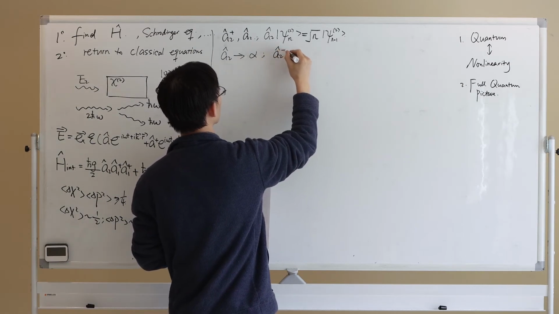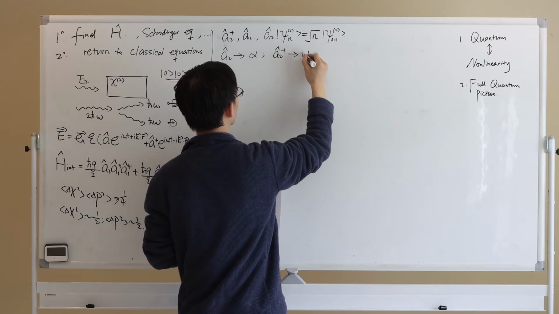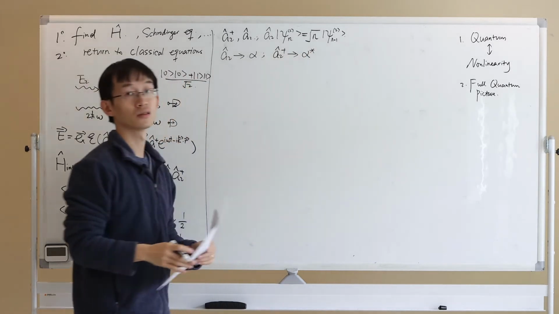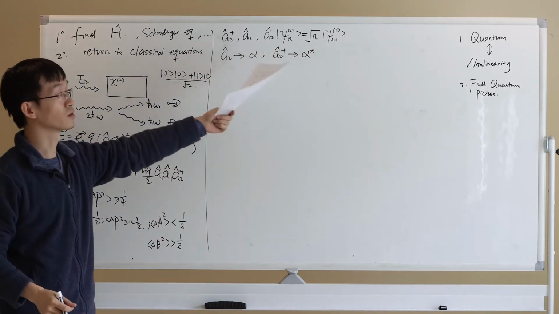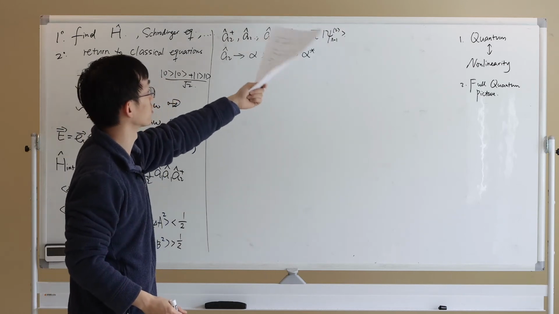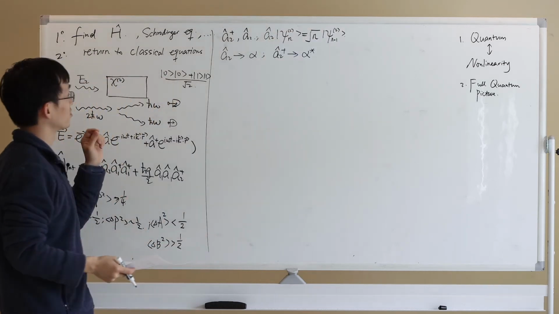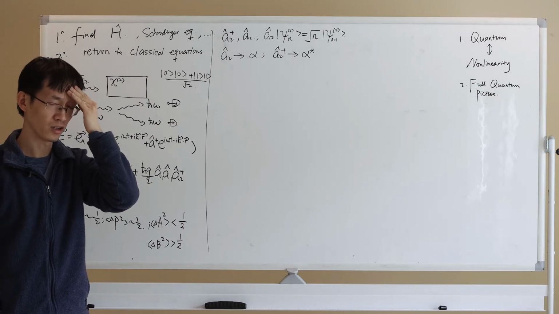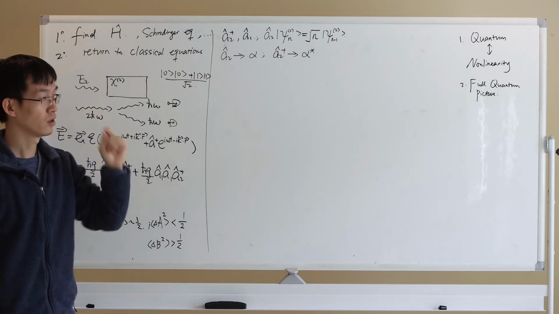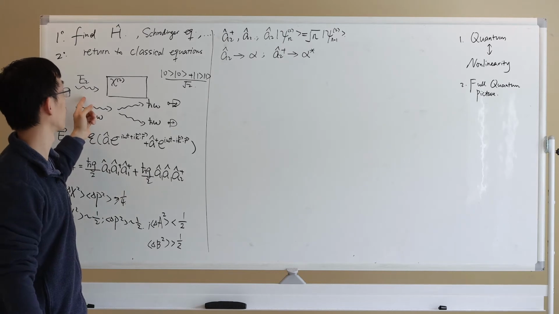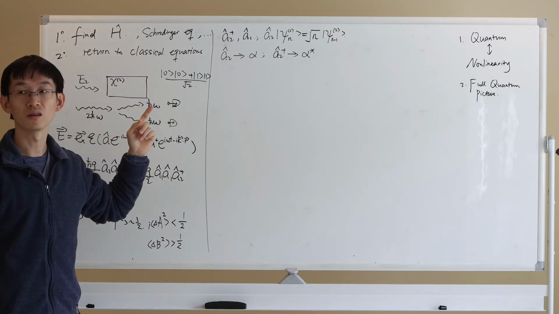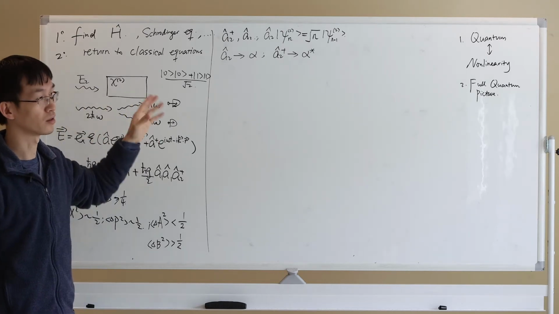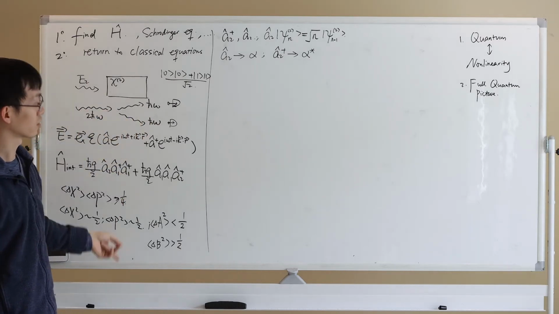And A2 conjugate goes to alpha conjugate. The reason is that this is the same assumption as the non-depletion assumption, that you assume nothing will happen to the pump laser, and in this case it's actually true.